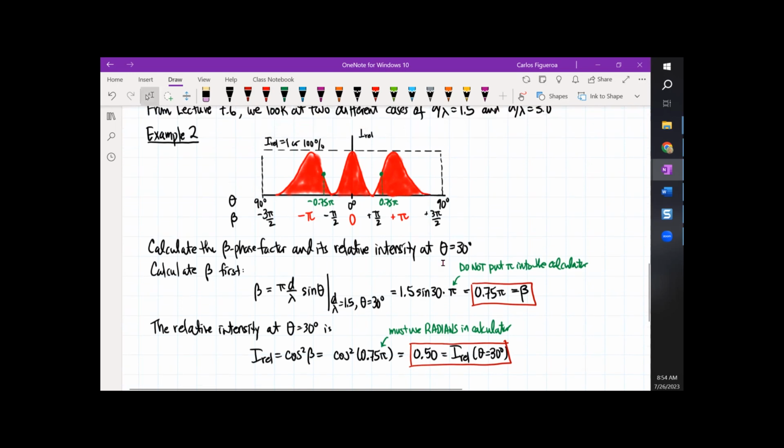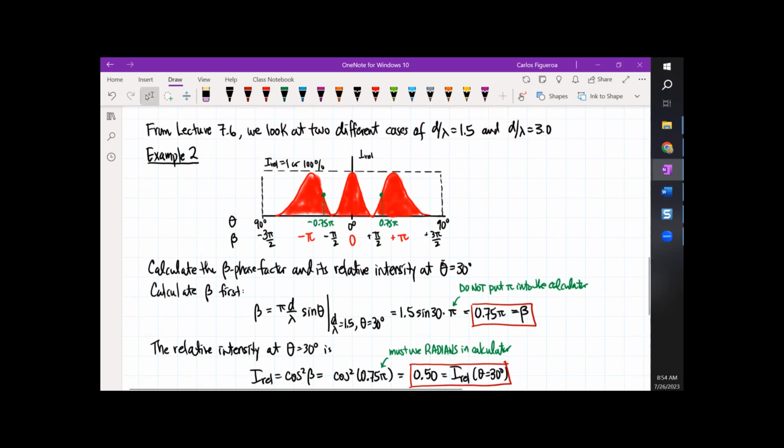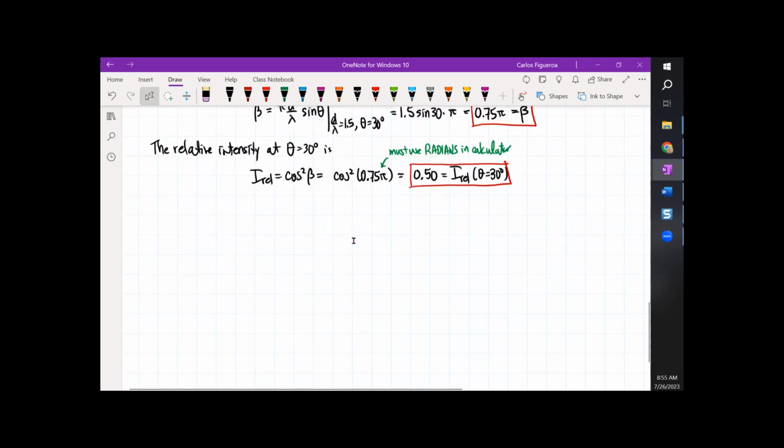So when I go back up here, the intensity at this spot is at 50%. Now what I want to do is use the Fendt interference applet, and let's see how it compares for us.